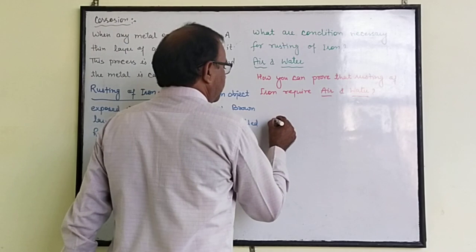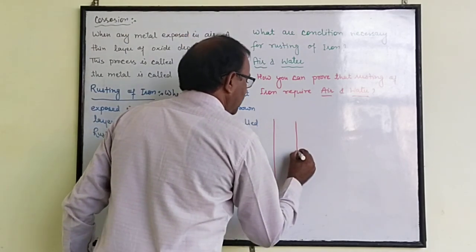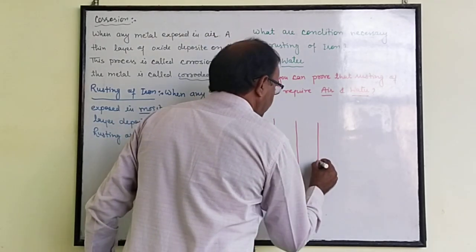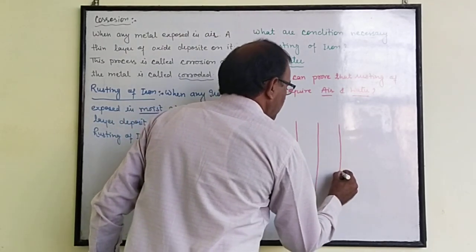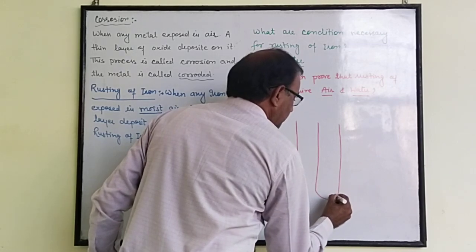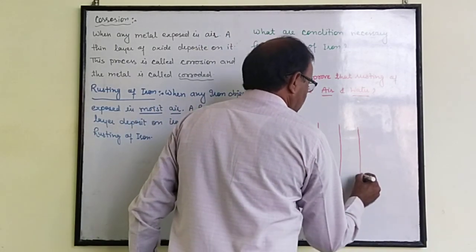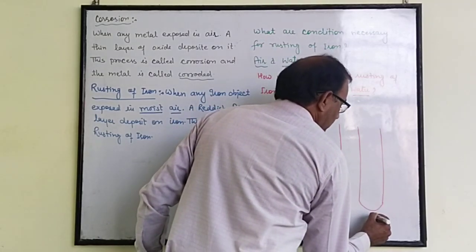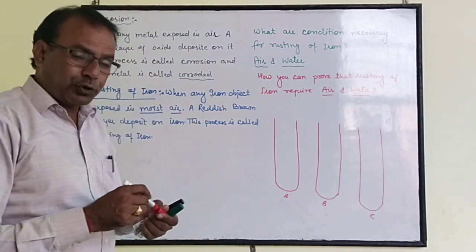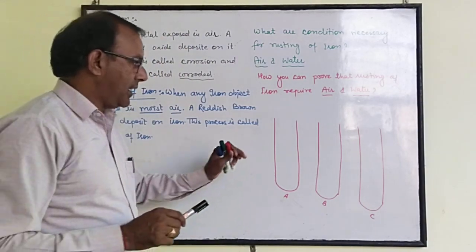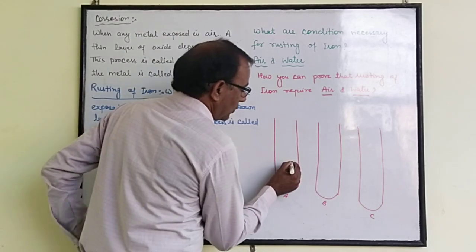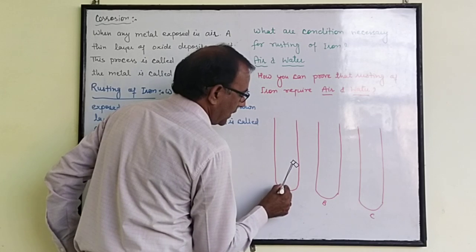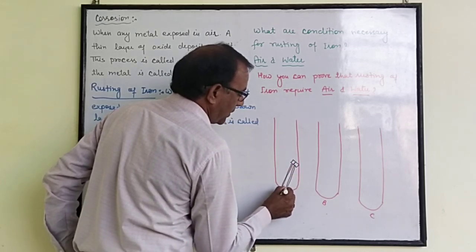Take three test tubes, A, B and C. This is test tube A, another one is test tube B, and the third is test tube C. Put two new iron nails in each of the three test tubes.